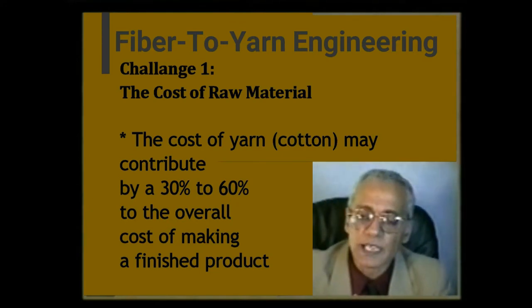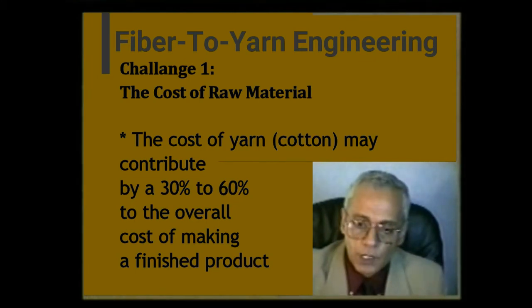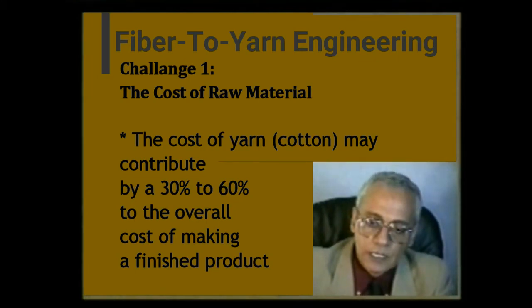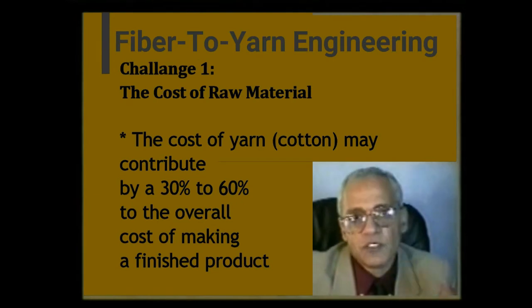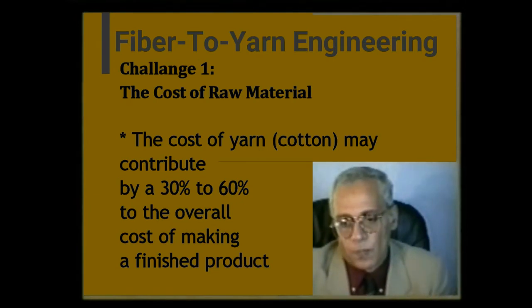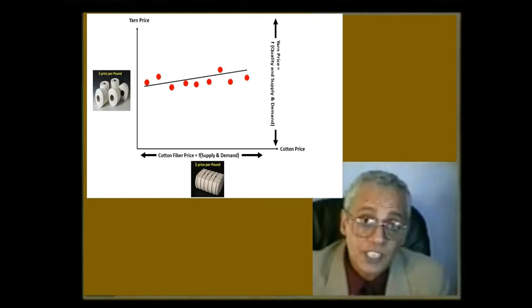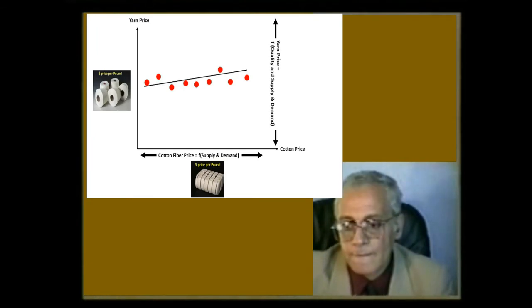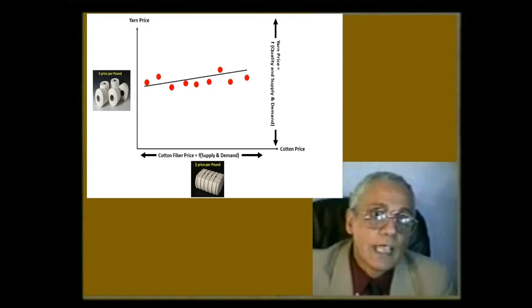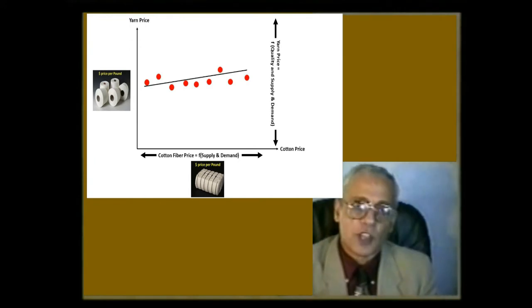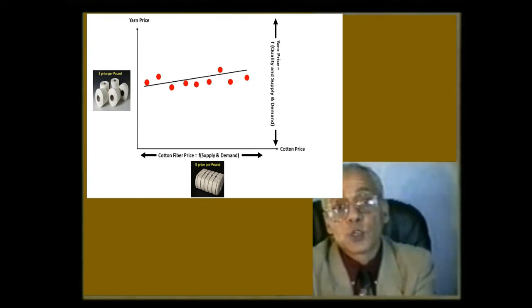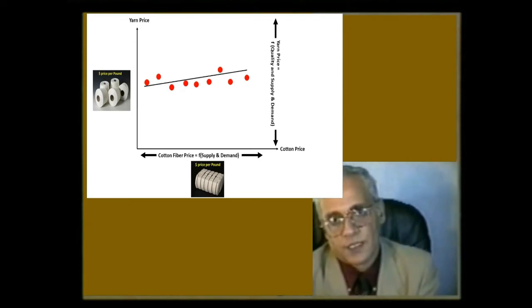Following this scheme, if we look at the value now, we will find that the correlation between the value of fibers or cotton and the value of yarn is almost insignificant. And the correlation between the value of yarn and the retail product is also insignificant.